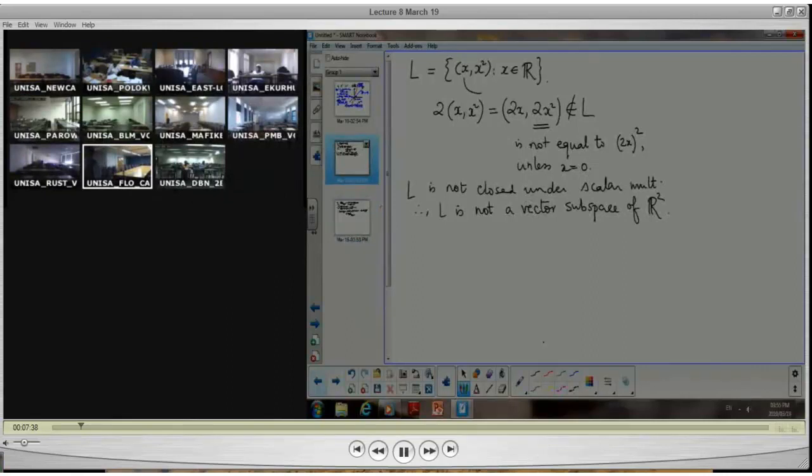Although I'm using the same letter x, here x is a real number.